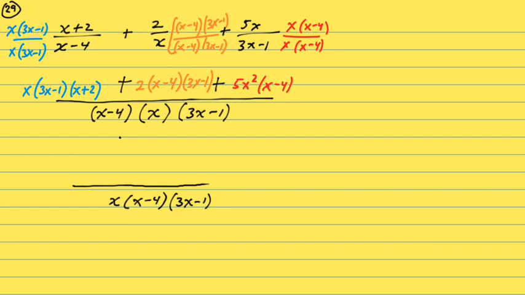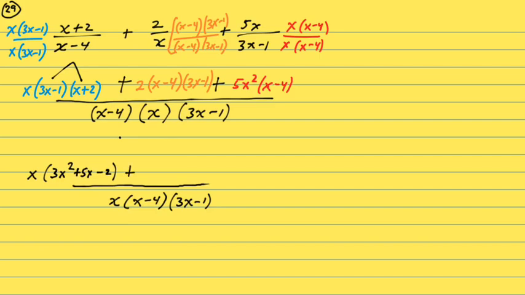So anyway, I found a common denominator. I multiplied the terms by the appropriate things so that they all now have that same denominator. Now it's just a matter of cleaning it up using your algebra skills. So I'd keep the x out. Multiplying these two here gives me 3x squared, 6x minus 1x is 5x, and last times last is negative 2.